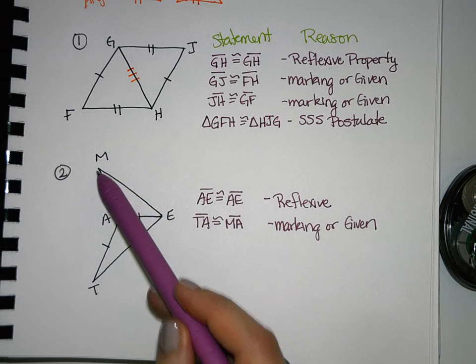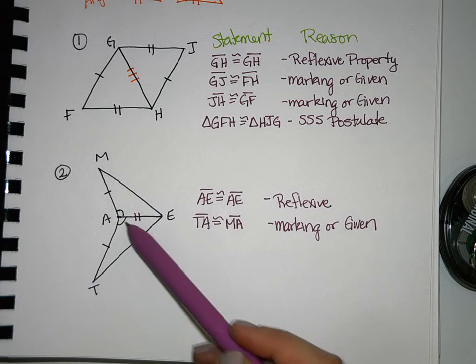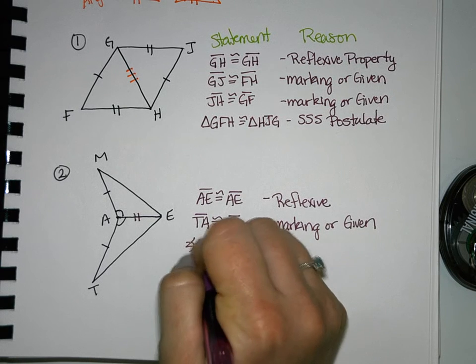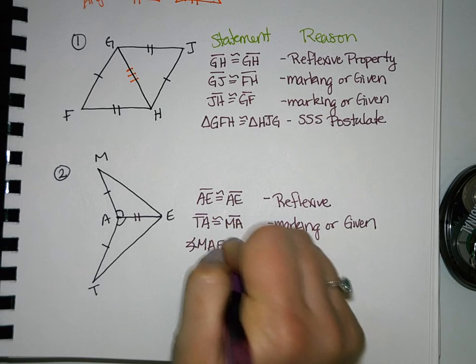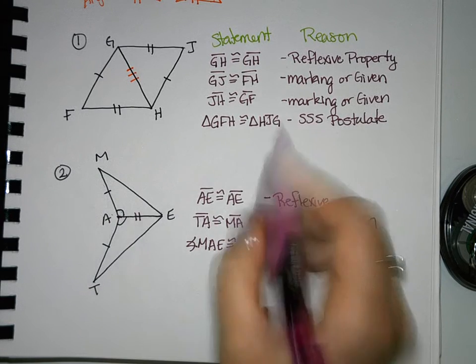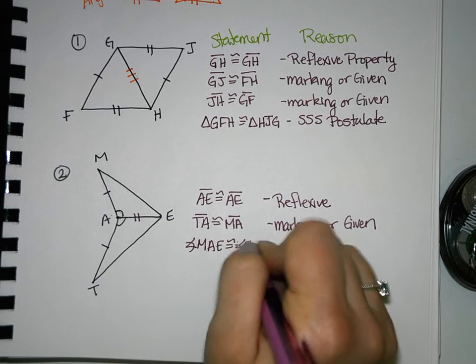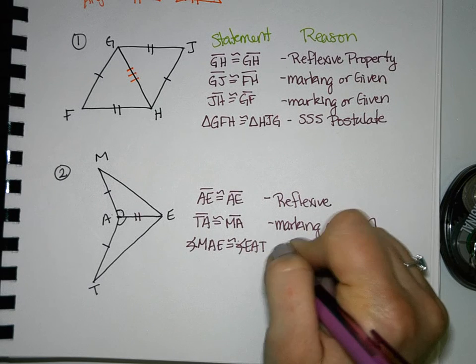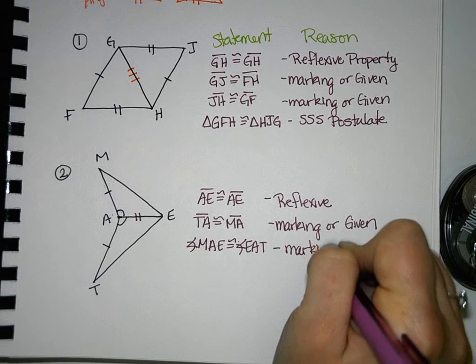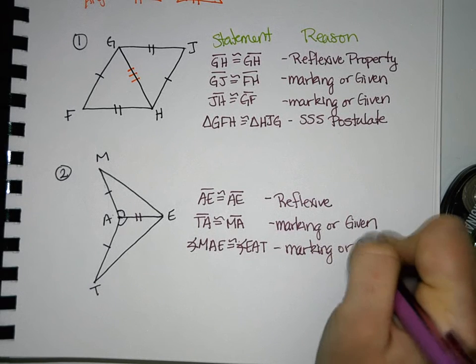Close, MAE. Remember the vertex always goes in the middle? So we have the two angles. MAE is congruent to EAT. And that was, again, given to us in the markings, or we write given.